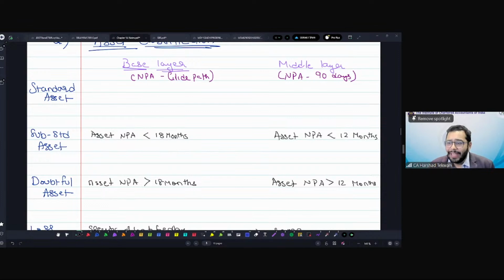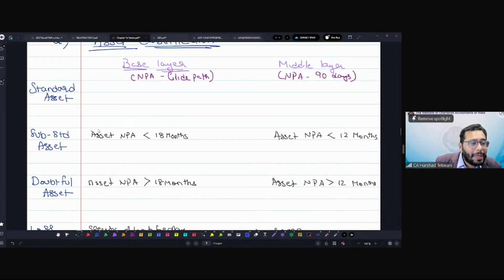Now, there is one category I specifically left, I have not discussed till now. That is standard asset. Standard asset is your asset where there is no NPA.